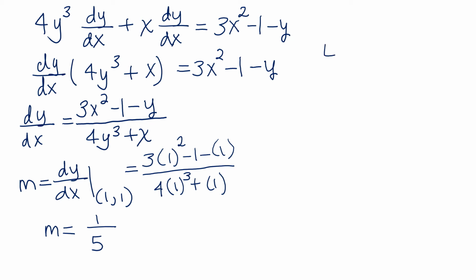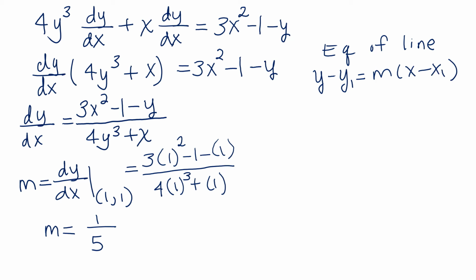For the equation of the line, I'll use the point-slope form. y minus y1 equals m times x minus x1. We have that the y1 value is 1.